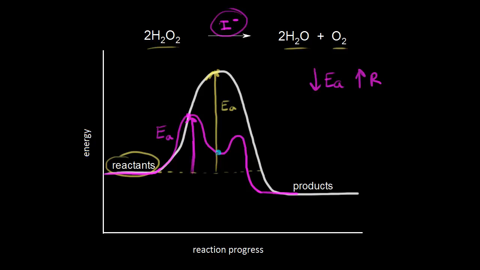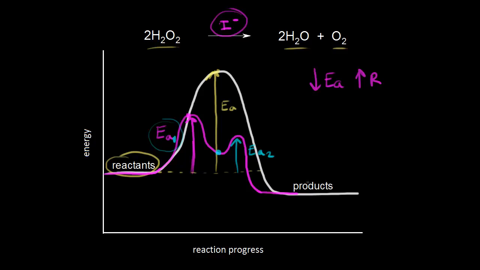This valley would represent the energy of the intermediate, the hypoiodite ion. And then we have a second activation energy for the second step of our mechanism. This would be the first step, so I can write EA1, and this would be the activation energy for the second step, which is EA2. The activation energy for the first step is higher because that's our rate determining step.